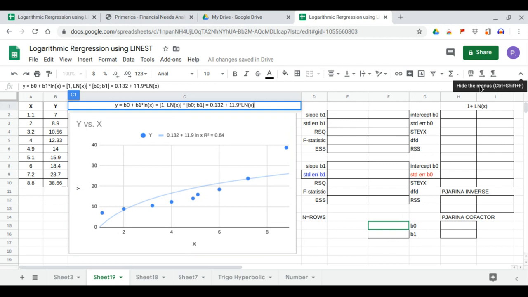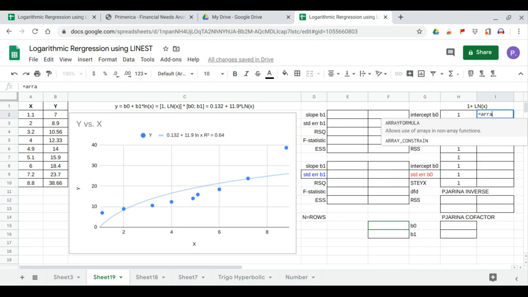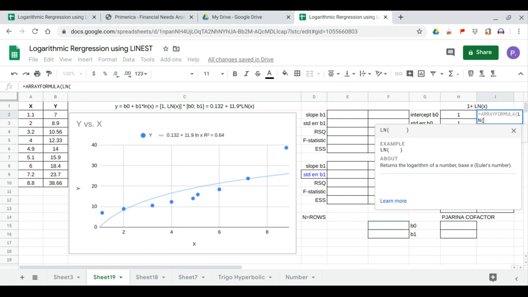We begin with the transformation of the dataset, where we have 1 plus ln x. So we have the 1 column and the ln x column, which is the formula ln of the x values.